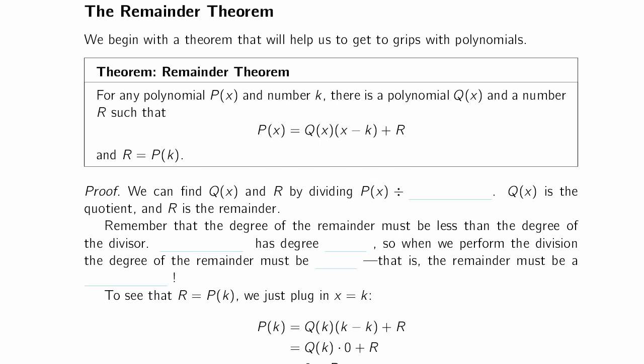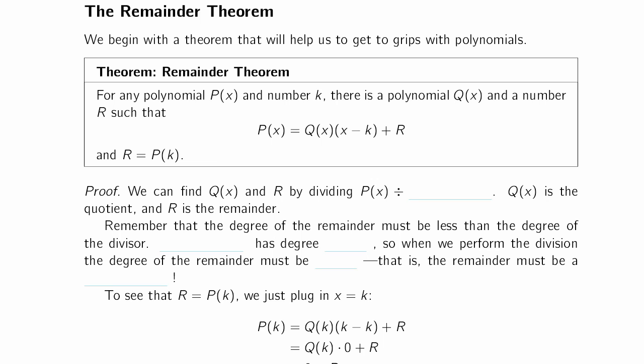In this video, we're going to meet the first of several theorems about polynomials. As you may recall from a geometry class, a theorem is a mathematical statement that we prove based on other mathematical statements.